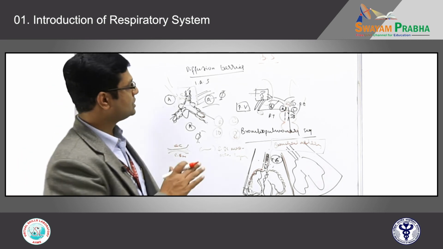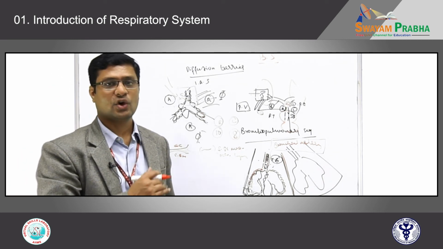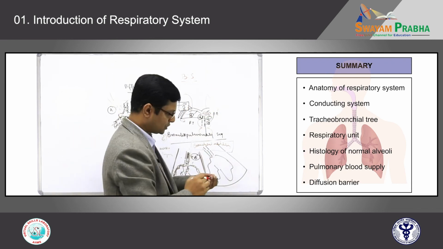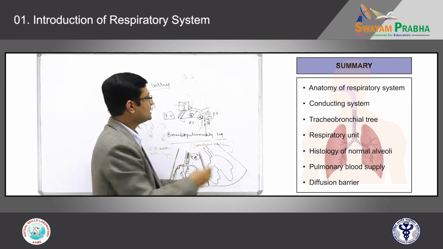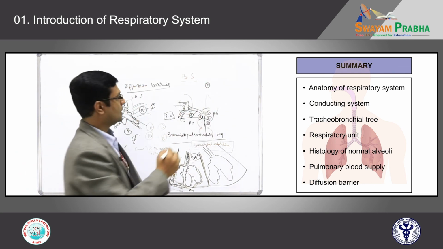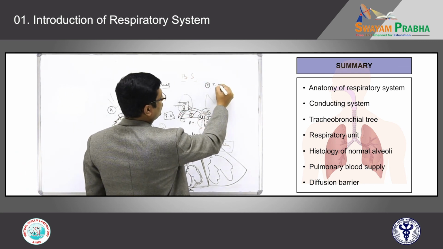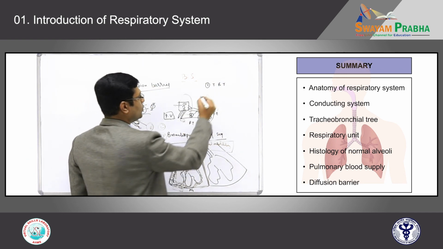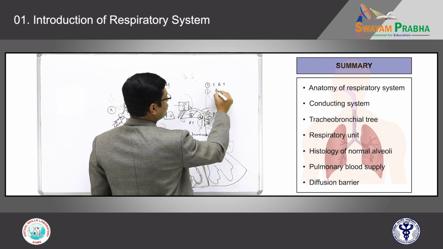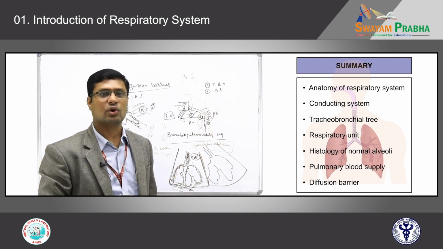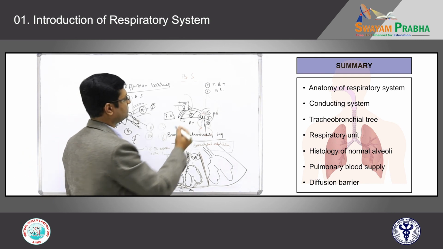Okay. So, in today's lecture we spoke about the normal anatomy. We spoke about the lungs, the tracheobronchial tree, its lining, and how it branches. We spoke about the blood circulation of the lung, what is pulmonary circulation, what is bronchial circulation.